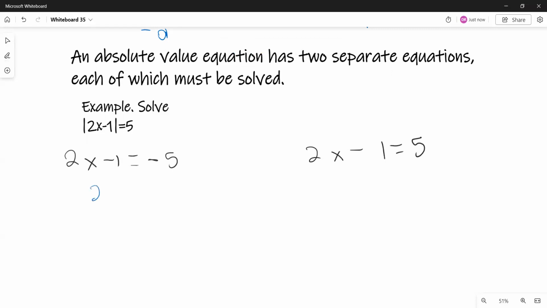2x minus 1 equals negative 5. Add 1 to both sides. So 2x equals negative 4. Divide both sides by 2, and x is negative 2. And 2x minus 1 equals 5, also add 1 to both sides. So 2x equals 6. Divide both sides by 2, and x equals 3.